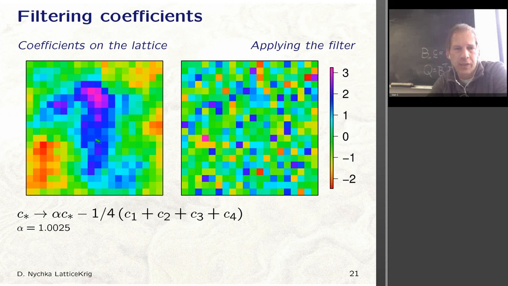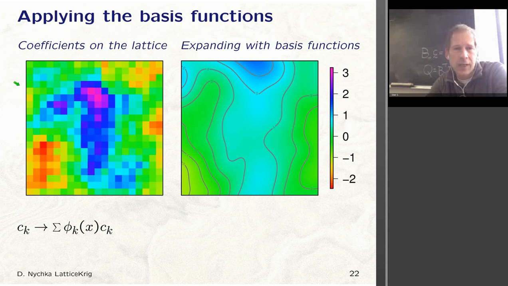Okay, and then this is just to remind you that this is more than just a model on the lattice. So I'm taking my coefficients again, a 16 by 16 lattice. I'm just guessing here. So I have about 256 basis functions.